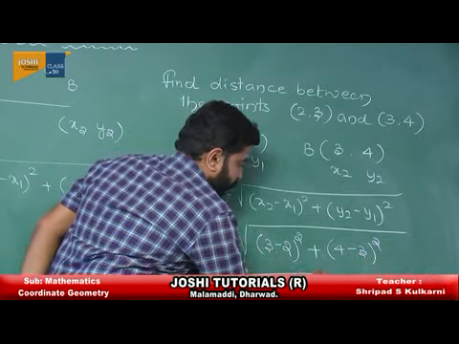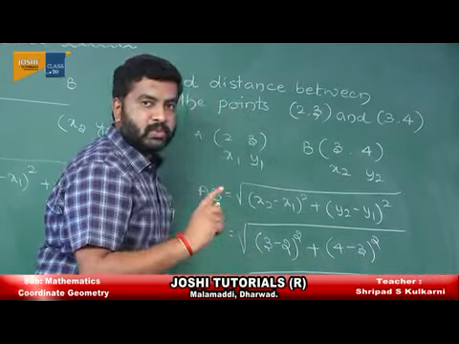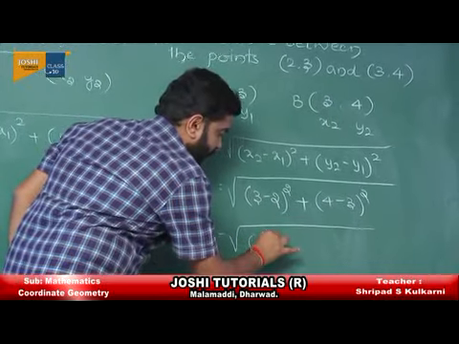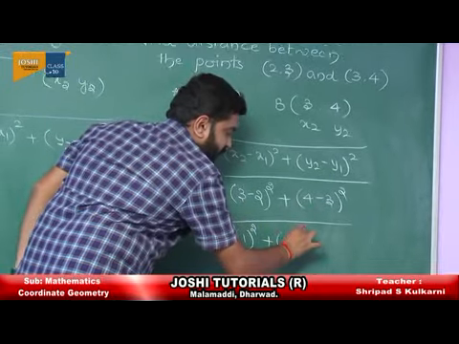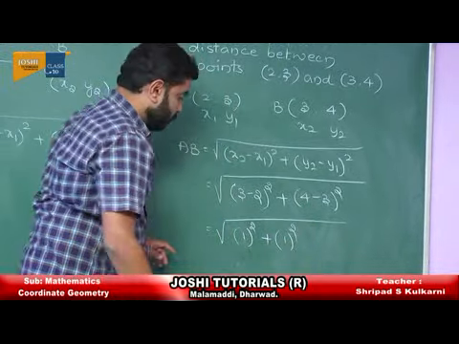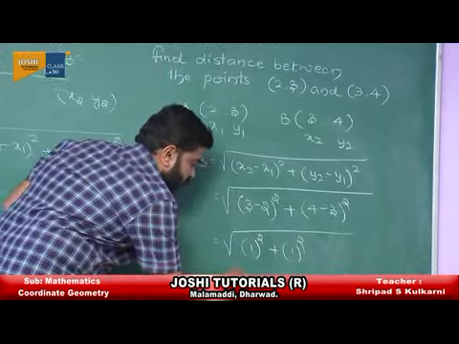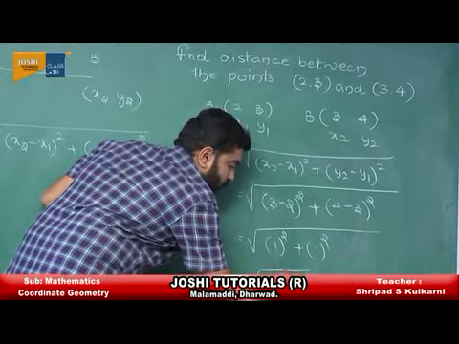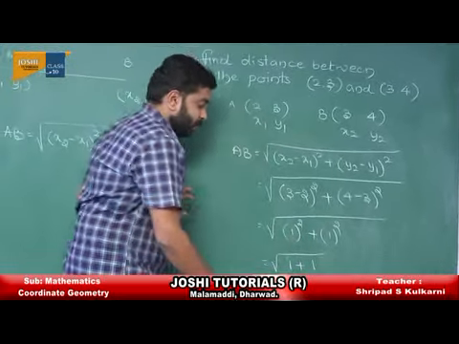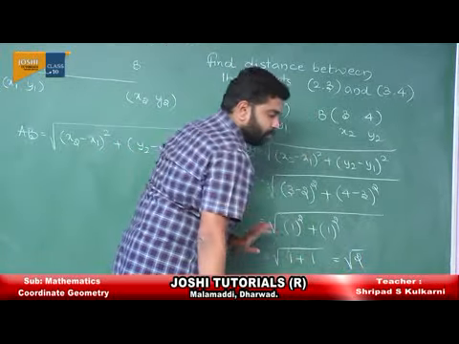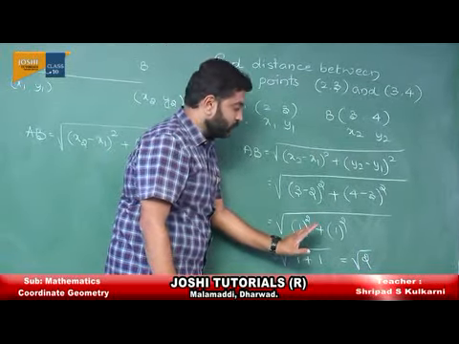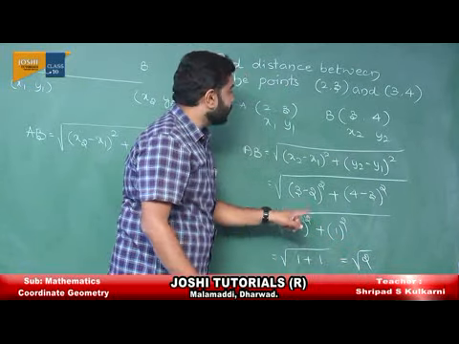Square root of 3 minus 2 is 1, square, plus 4 minus 3 is again 1, square. So 1 square is 1, and this 1 square is 1. We get root 2. I cannot simplify further. Keep it as it is. Root 2 is your final answer.